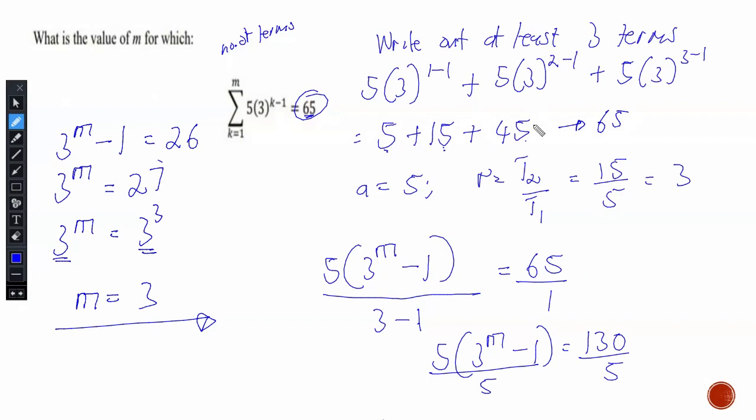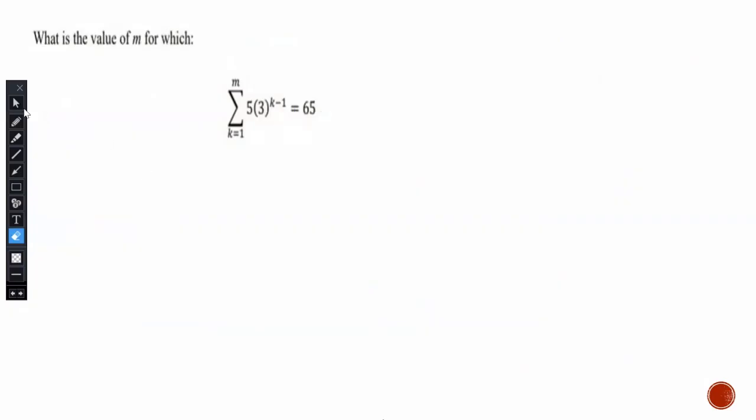So you need to at least show 3 terms and then find your a value, find your r value, then pull out the formula for the sum of the geometric series, and then calculate until you get to your value there. Okay, so let's proceed.